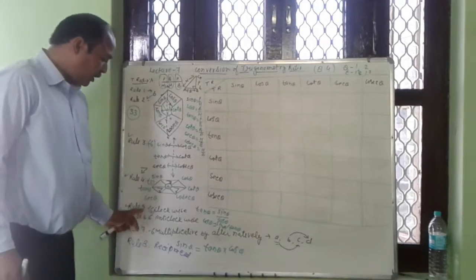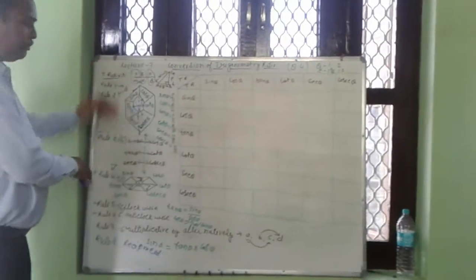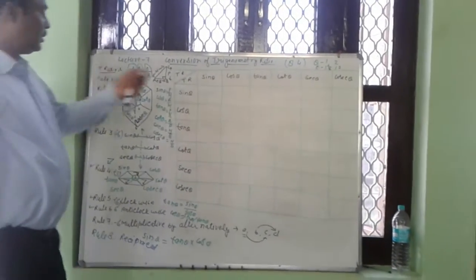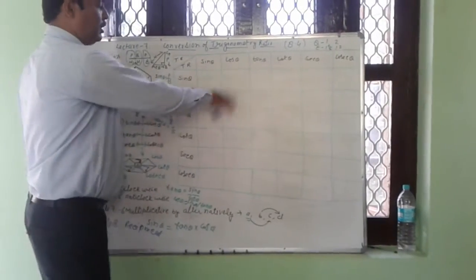These are the 6 more. So 39 formulas come from this lesson.